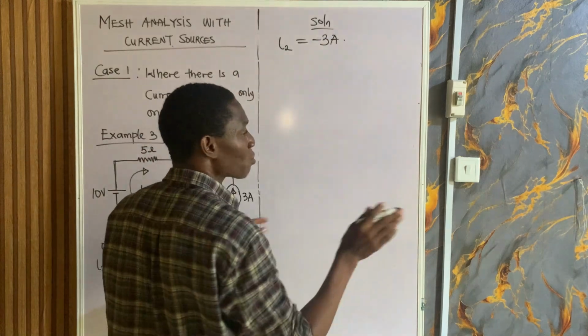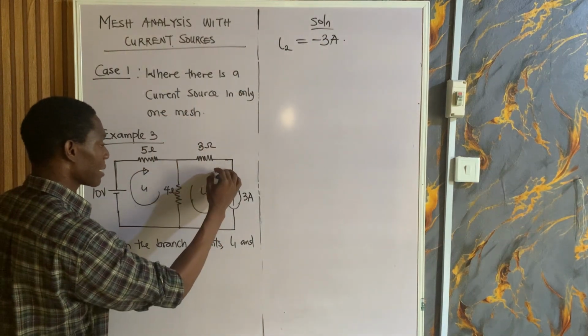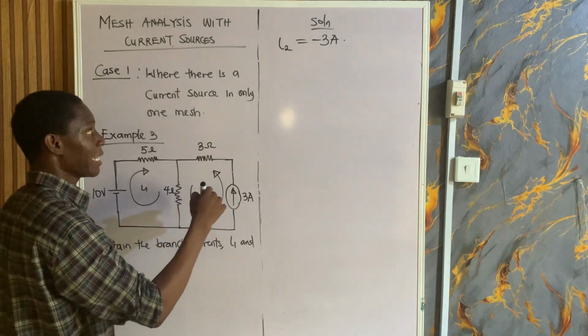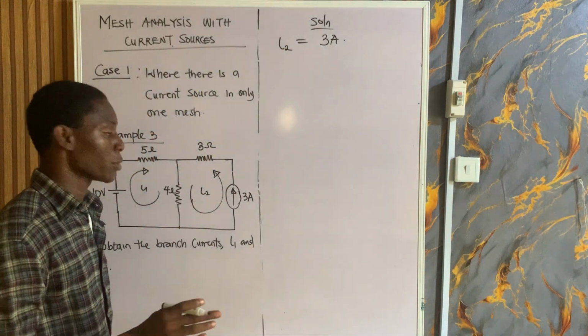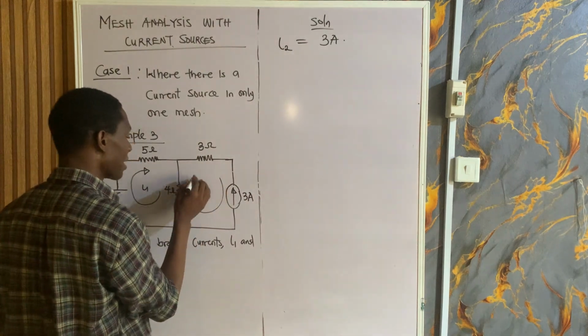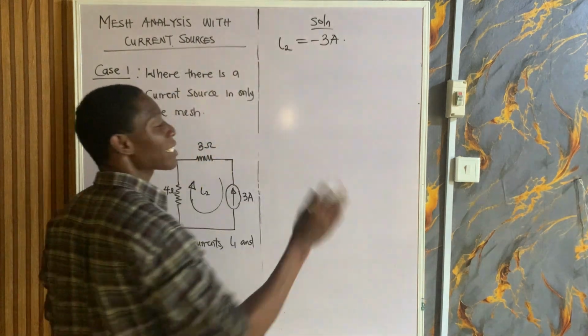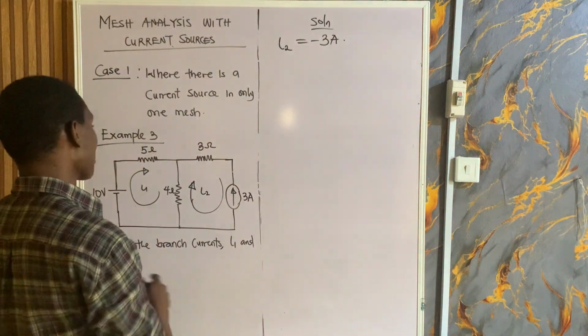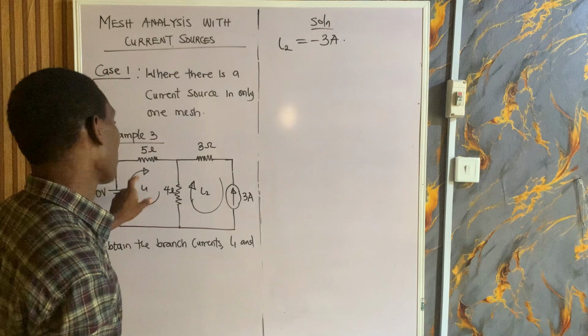So we've gotten our I2. Very simple. Had the question said that this current was like this, then I would say I2 is equal to 3 ampere. Straightforward. But that was not what they gave to us. It was given like this. And so I2 is minus 3 ampere. So that's all. So I will now apply KVL to just mesh 1 because I'm looking for I1.